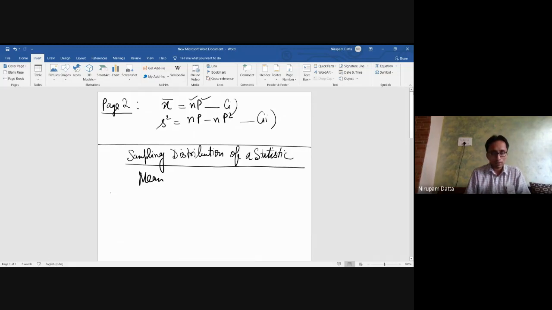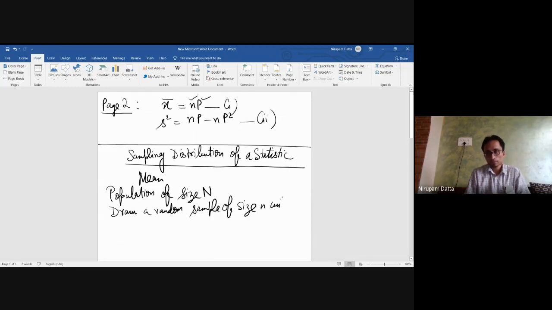Now there is a population of size capital N. Now you draw a random sample of size n without replacement.